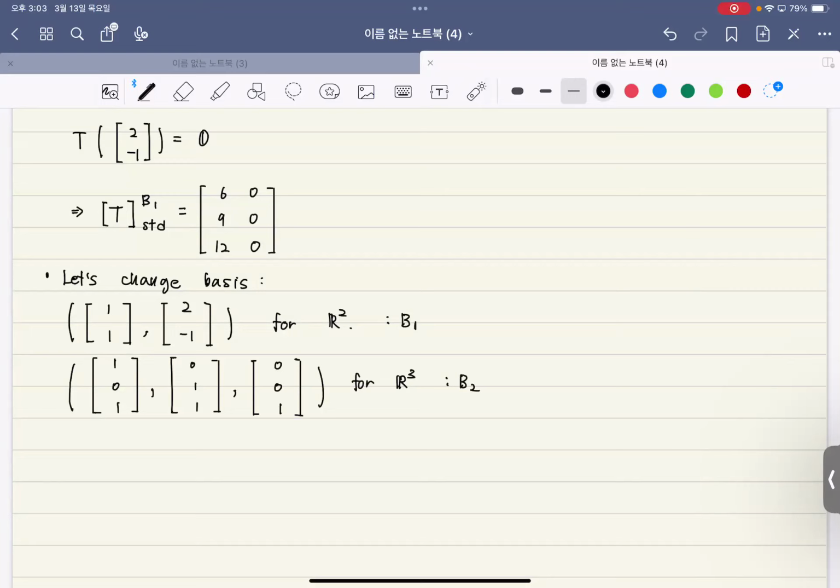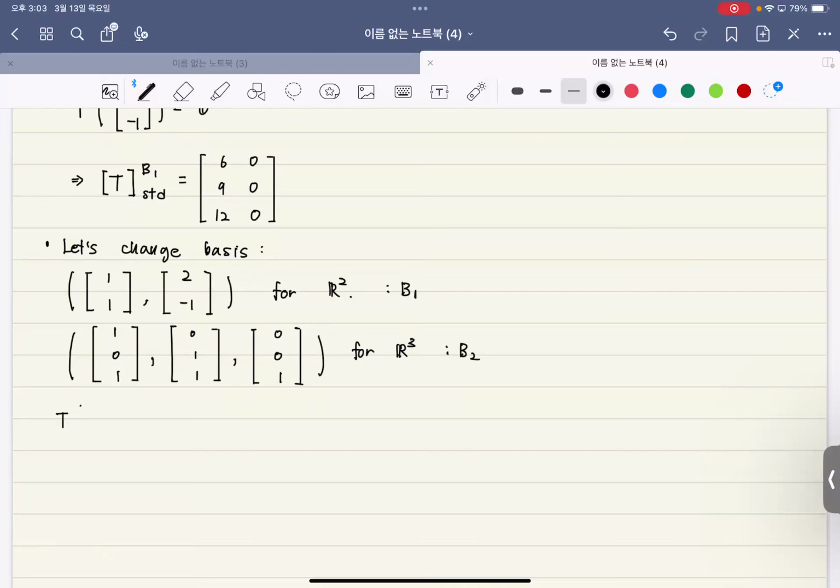Well, we are working on exactly the same linear transformation, but nothing changes but the basis. But this time, T of 1, 1. So in order to have the matrix representation with these bases, I must be able to write down these two resulting vectors in terms of linear combinations of these basis vectors.